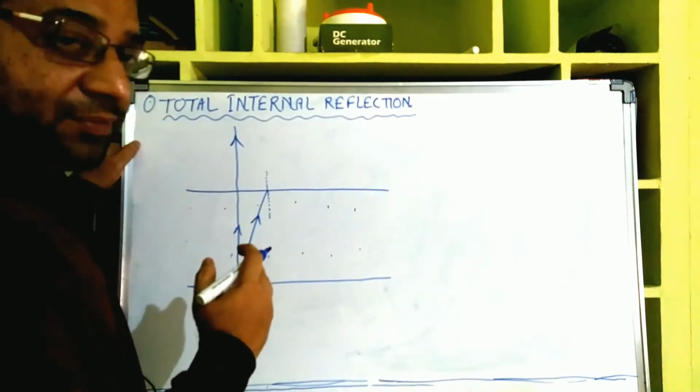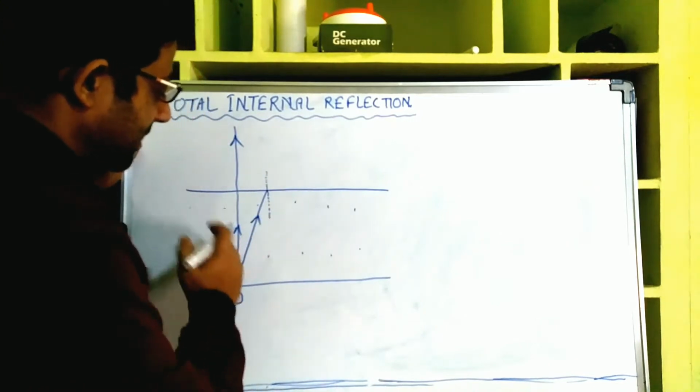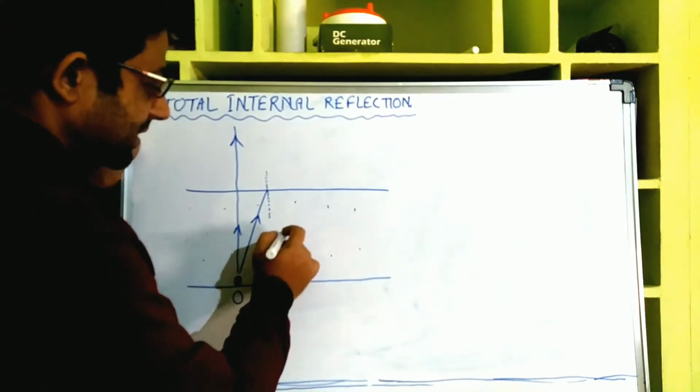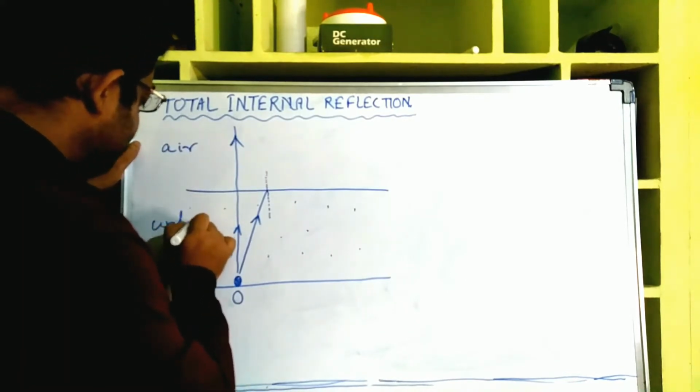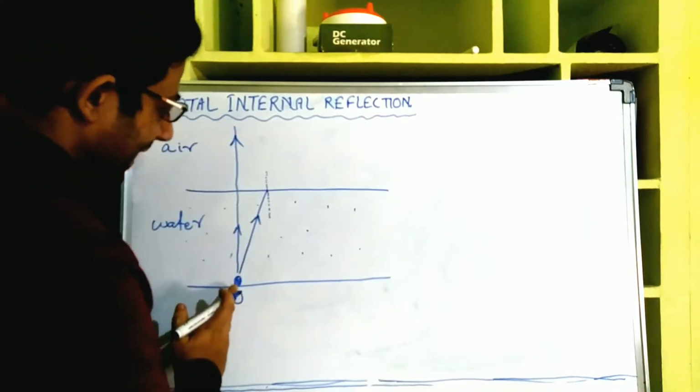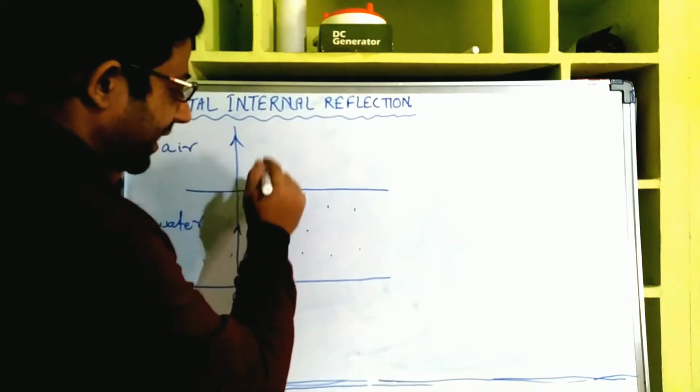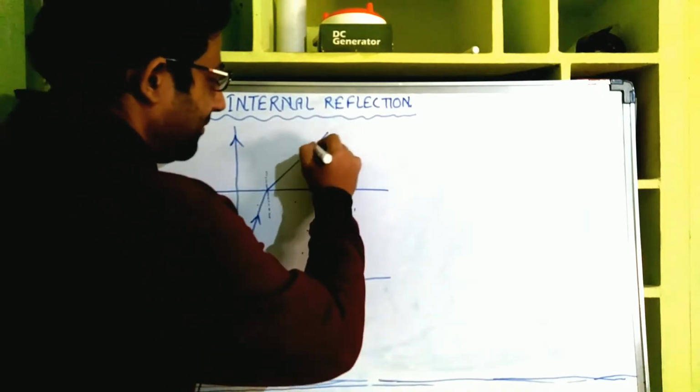this light ray will be deviated away from the normal, yes or no, because this is water and this side is air. Water is denser than air. Now light is passing from denser medium to rarer medium. That's why it will be going away.